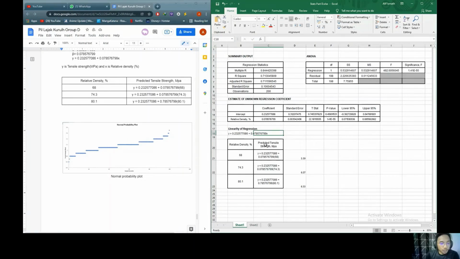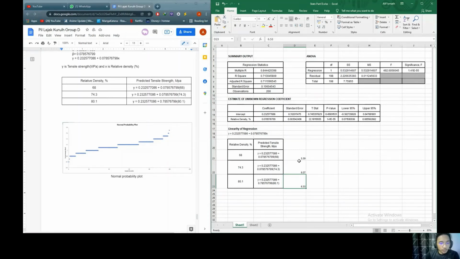From the question, we get the relative densities 68, 74.3, and 80.1. We substitute these x values into the equation and get the results. The result for 68 is y equals 5.59, the second one is y equals 6.07, and the last one is 6.53.